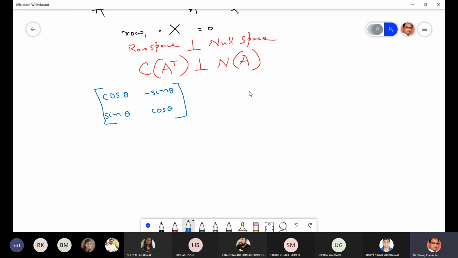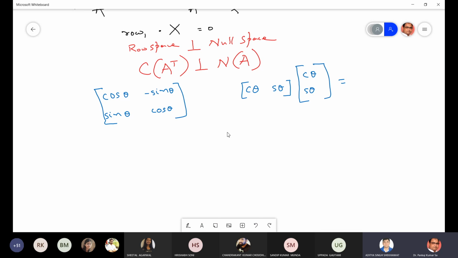Okay. Let us say this is cos theta, sin theta, transpose cos theta, sin theta. How much is this? So 1.